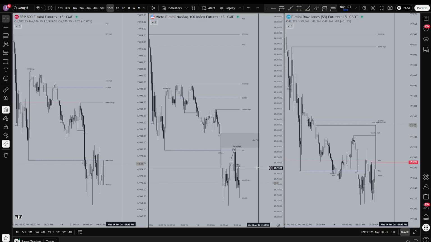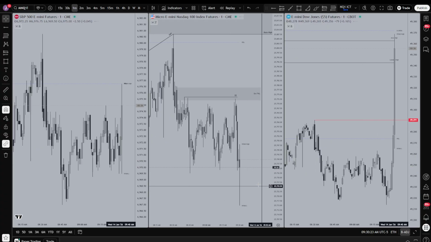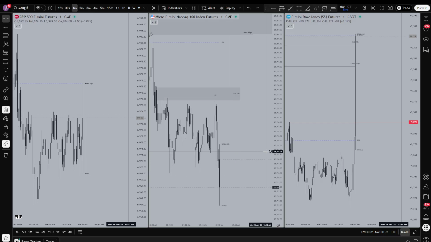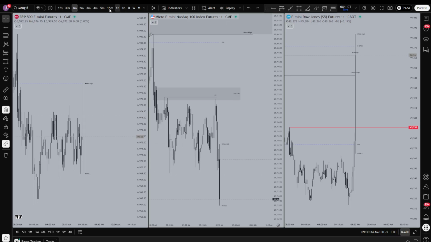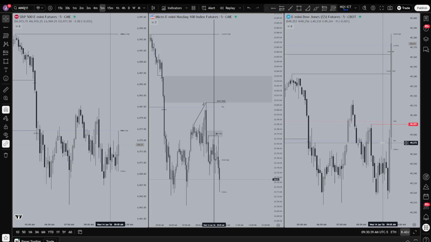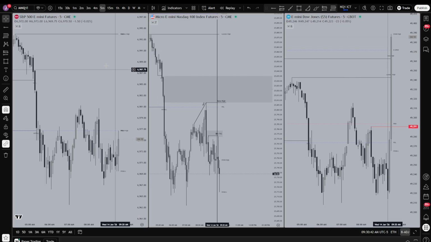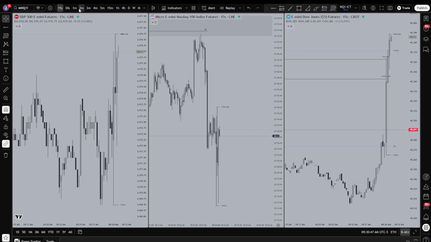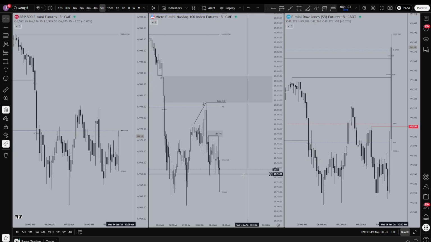Well, I definitely don't want a long then. Holy shit, YM. It's why I'm just ripping still. Yeah, ES is also ripping, above true day open.